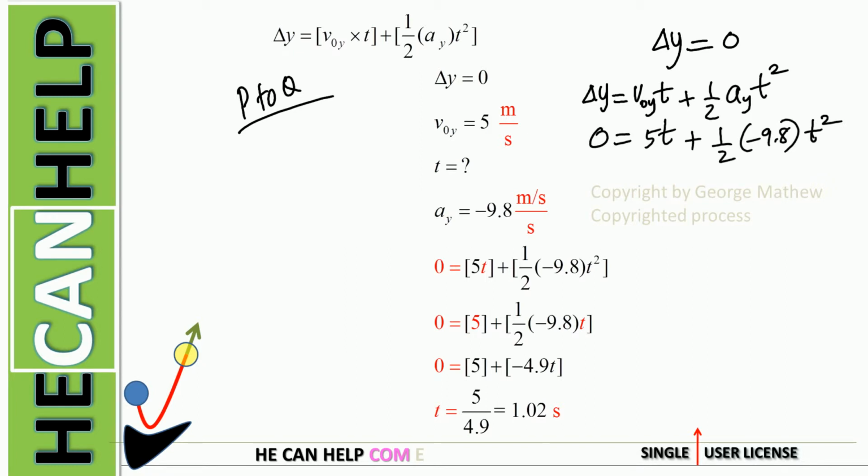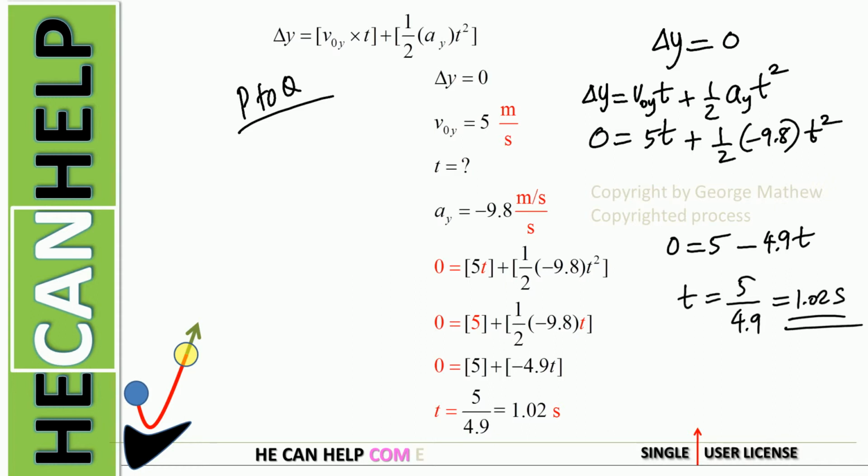Divide throughout by t and you get 0 is equal to 5 minus 4.9 t. 9.8 divided by 2 is 4.9, and because of the negative you get minus 4.9 t. T squared becomes t, from which you get t is equal to 5 divided by 4.9, and that is 1.02 seconds.